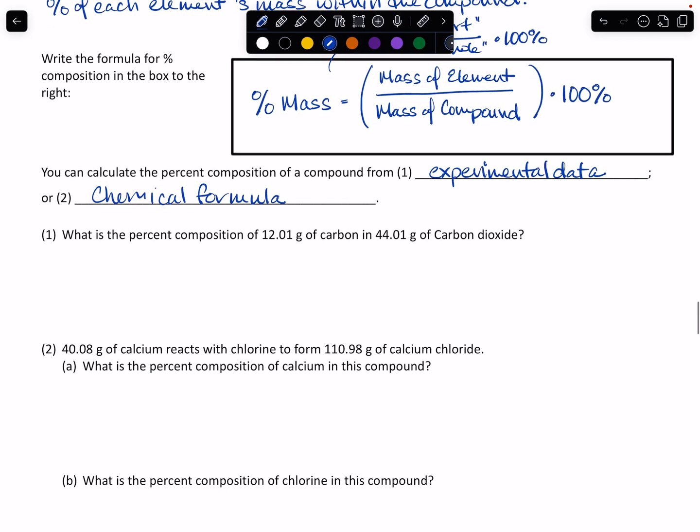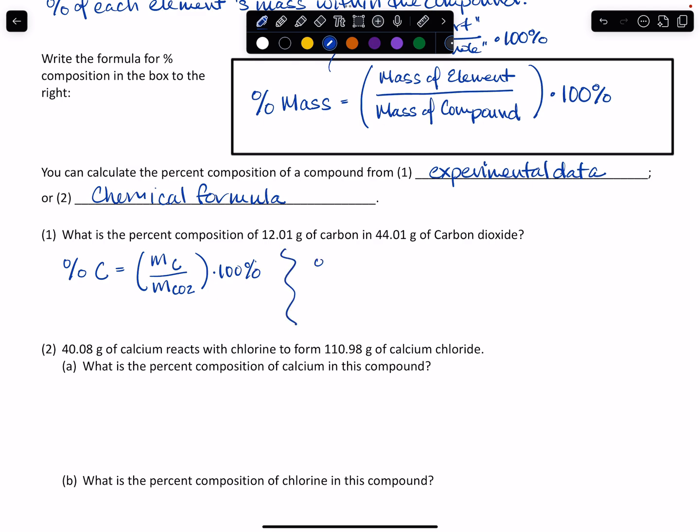Okay. So the problems look something like this. What is the percent composition of 12.01 grams of carbon in 44.01 grams of carbon dioxide? So percent of carbon is going to be equal to the mass of carbon divided by the mass of carbon dioxide times 100%. That's what the formula tells us.